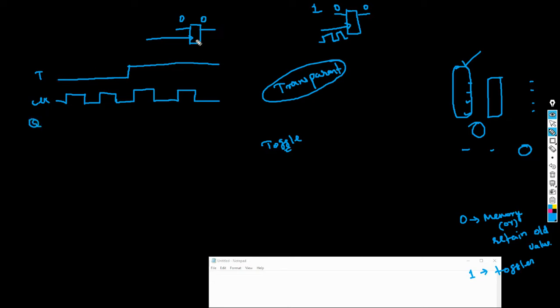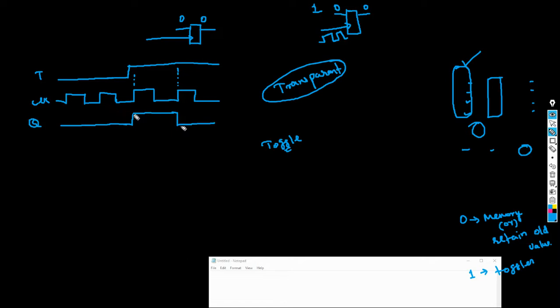Since T is 0 at this point of time, the output is going to stay 0 as long as T is 0. Now this is the time where your T is 1. Now 0 becomes 1, and it continues till the next clock, where T is 1 and your output goes to logic low.